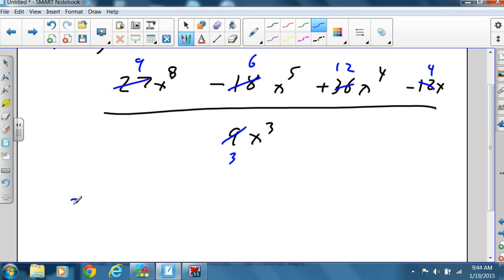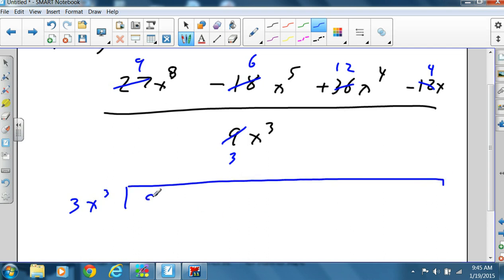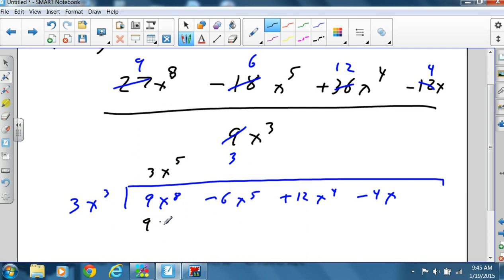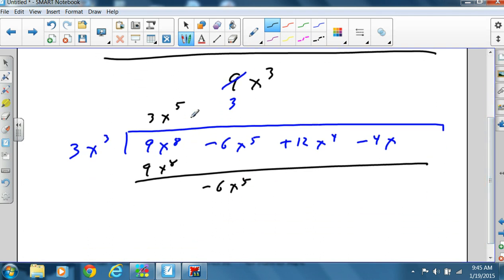Then I'm going to go 3x cubed and divide it into 9x to the 8th, 6x to the 5th, 12x to the 4th, minus 4x. This is going to go there 3x to the 5th times 9x to the 8th, minus 6x to the 5th. That's going to go in there minus 2x squared times minus 6x to the 5th.